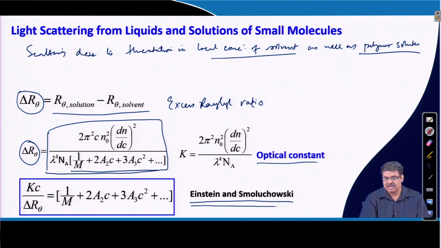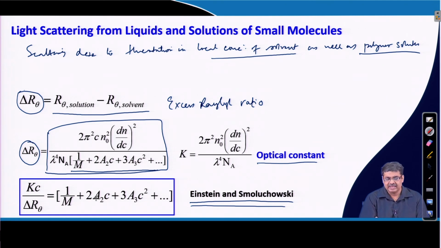Now, this expression is for small polymer molecule symmetric scatterers, where we have considered the scattering due to fluctuation in solvent molecules, as well as fluctuations in the concentration of polymer molecules.